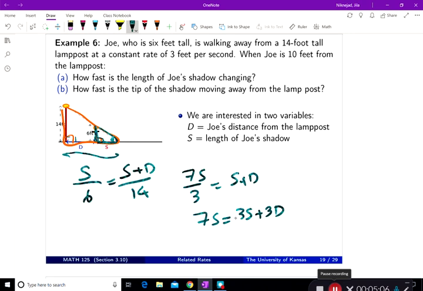From here I get 4S is equal to 3D, or S over D is equal to 3/4.